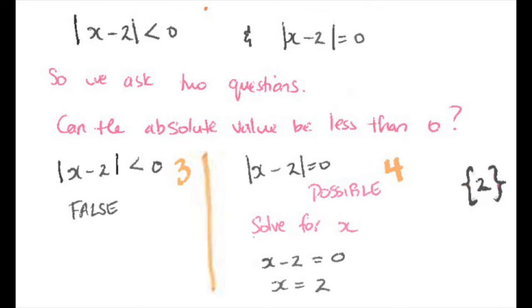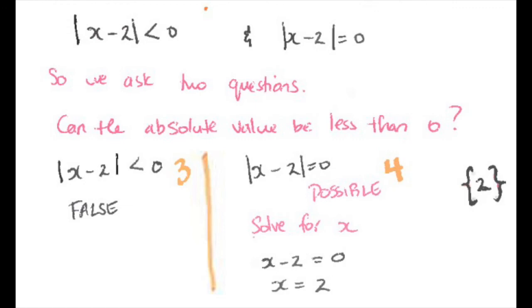And remember, we said that the absolute value essentially turns any number into a positive. If it's positive, it's going to be positive. If it's negative, it's going to be positive. So the absolute value cannot be less than 0. So here we have the absolute value of x minus 2 less than 0 being false. So this is a contradiction.